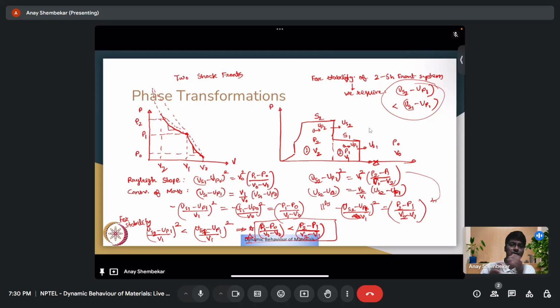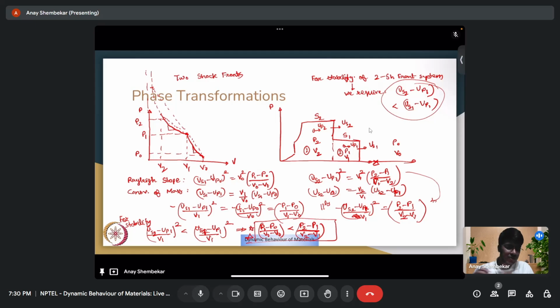So at that point, that is the critical limit, so to speak, of pressure. Beyond this sort of pressure, you would have the second shock front start catching up with the first shock front, and therefore the two shock front system will no longer be stable above that particular pressure.